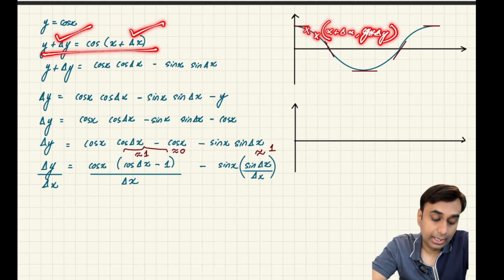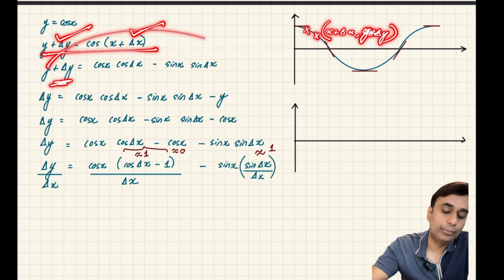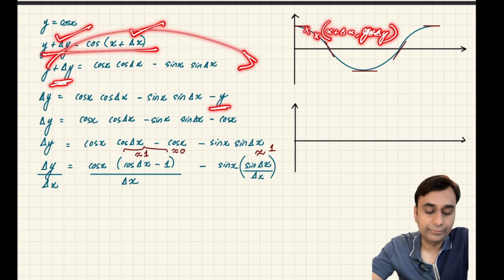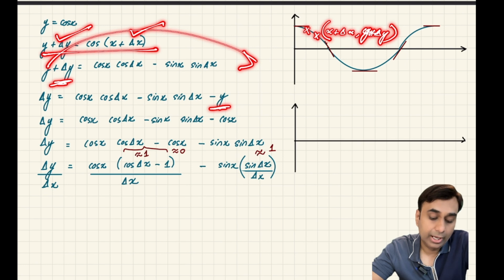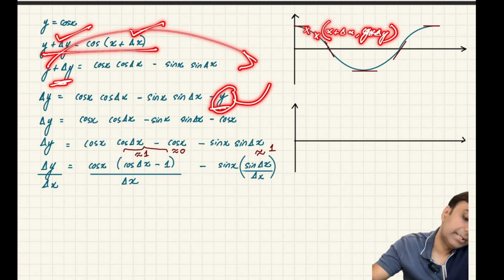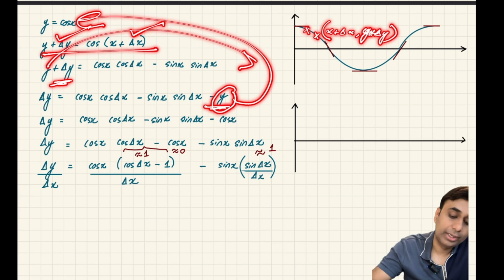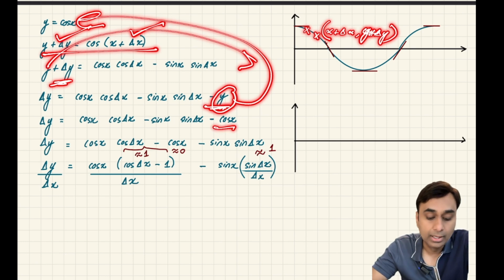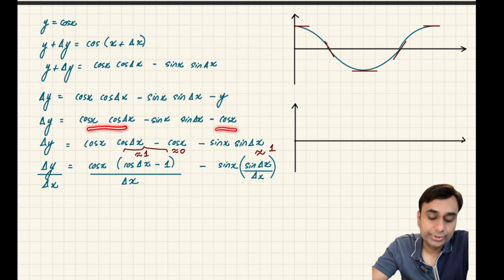After having done that, I will again try to make delta y the subject of the equation, and to achieve that, I've put y on the other side. So I've shifted y over here, and after shifting y, I will again recall that y is equal to cos x. So I can replace y with cos x, rearranging these two terms together.